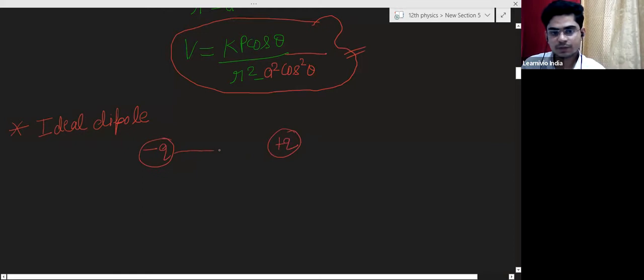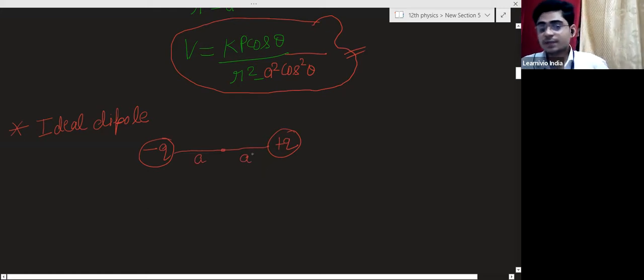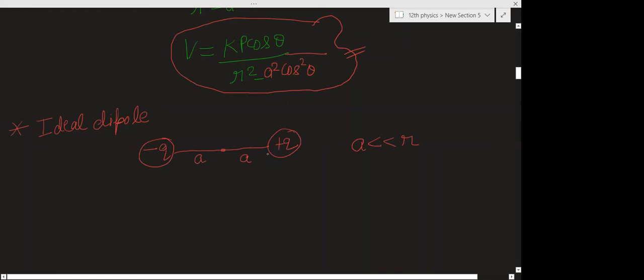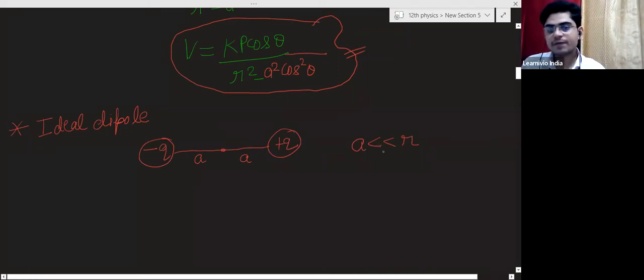The ideal dipole means this a, the distance between the dipole charges, is very, very small as compared to r. Have you understood? Yes, sir. In case of an ideal dipole, a is very, very small as compared to r.